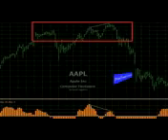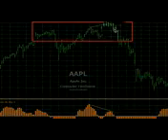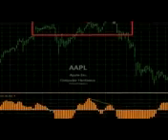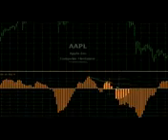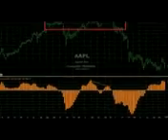And third, there's two entry signals here. The first one is a bar closing underneath the prior 3 bars, or when the MACD histogram goes into negative territory here. Both of these entry signals are very good.